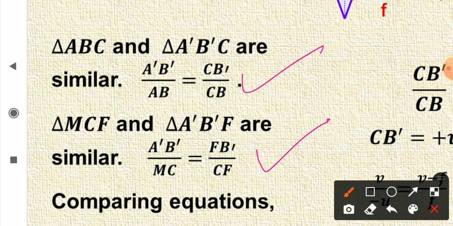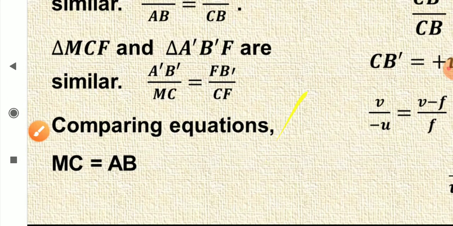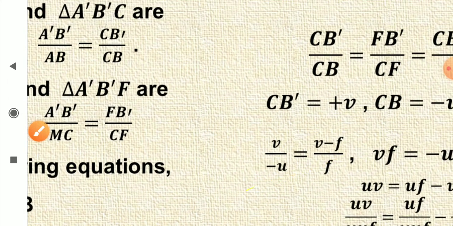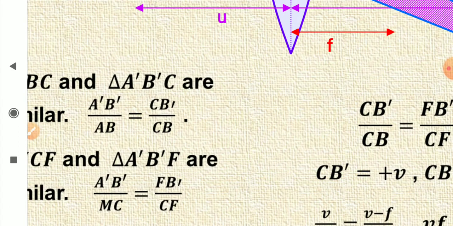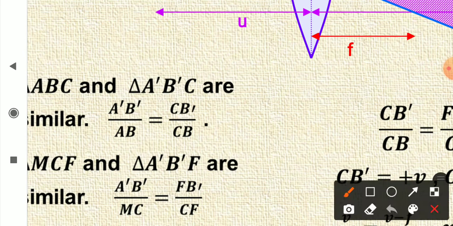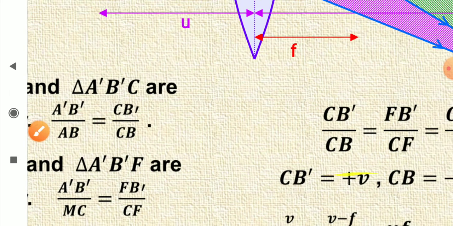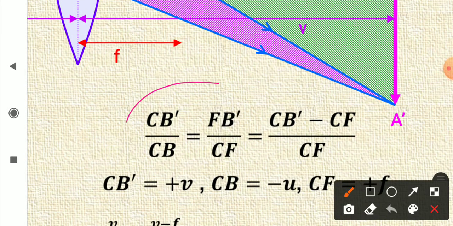You can see that this side and this side are equal, since MC is equal to AB, as we have just shown. So we can equate the right sides also. Now equating these two, CB' upon CB is equal to FB' upon CF.